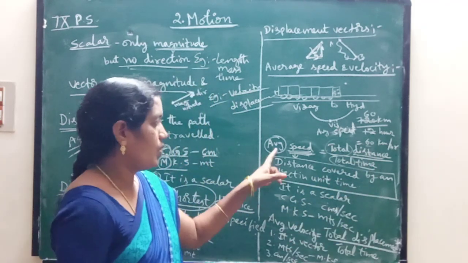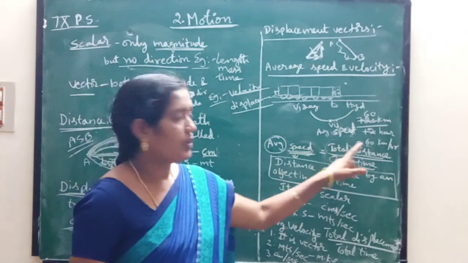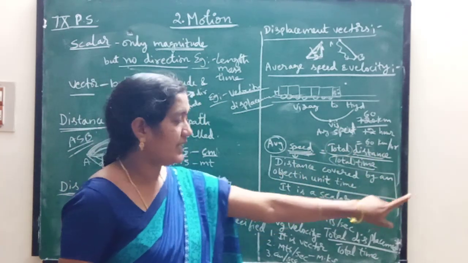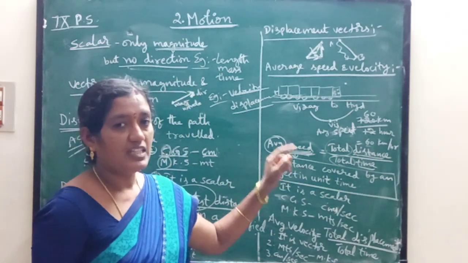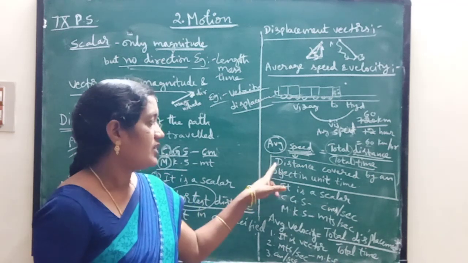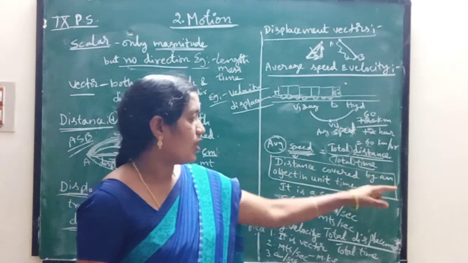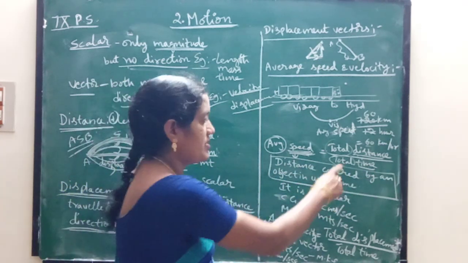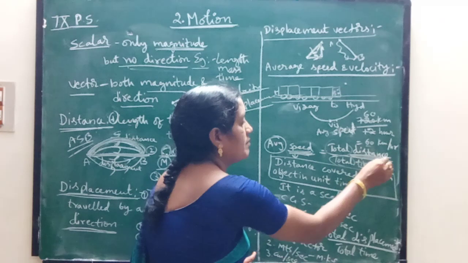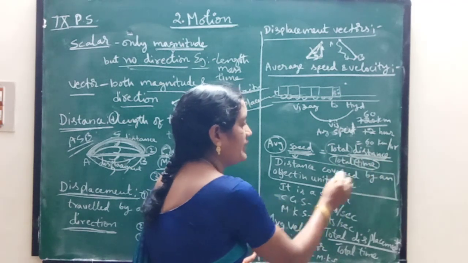Okay children. So average speed is equal to total distance by total time. How can you define this average speed, children? The average speed is defined as the distance covered by an object in unit time. See children, distance covered by an object in unit time.